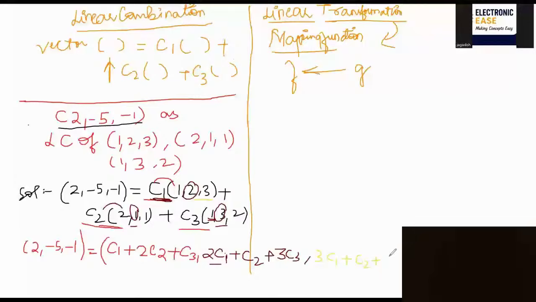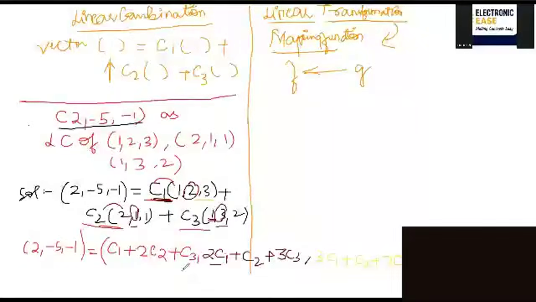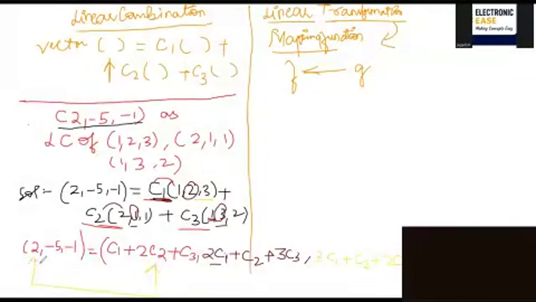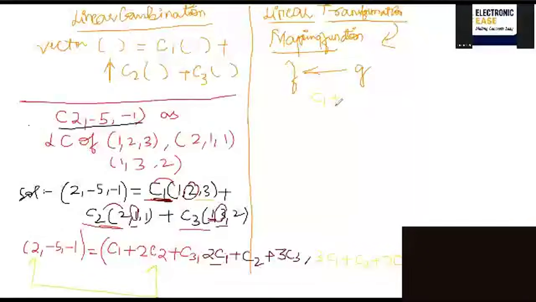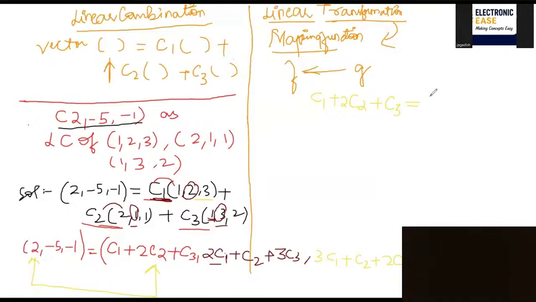Now you need to get the equations, equating this with this. What is your first equation? C1 plus 2C2 plus C3 is equal to 2. This is your equation number 1.